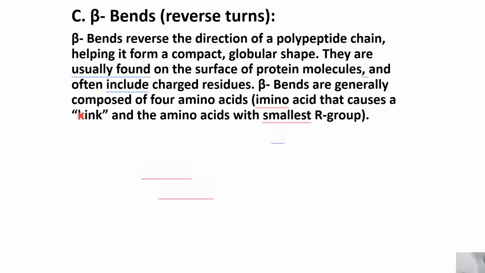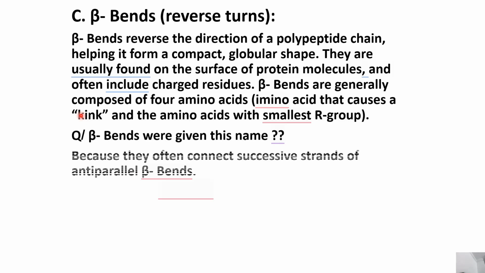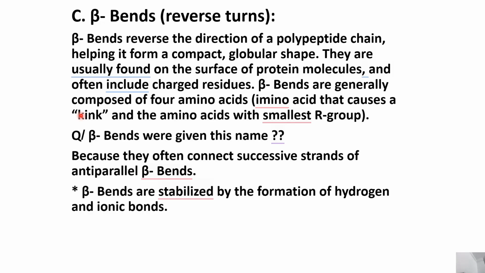Beta bends are generally composed of 4 amino acids that cause a kink, and the amino acids with the smallest R group. Beta bends were given this name because they often connect successive strands of antiparallel beta sheets. So, they are stabilized by the formation of hydrogen and ionic bonds.